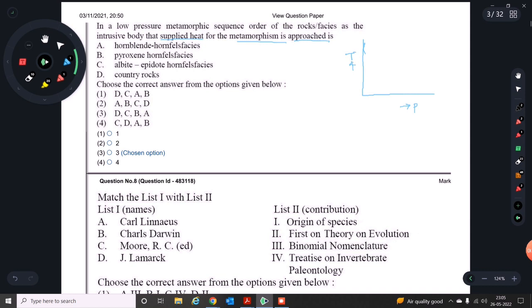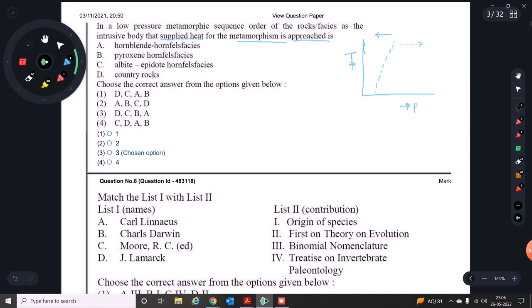So we have the metamorphic facies assemblage, right? It is asking about low pressure. This is the pressure axis, so somewhere around this zone. So this will be low pressure. Beyond this, here it is high pressure.